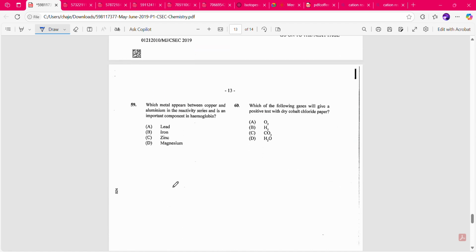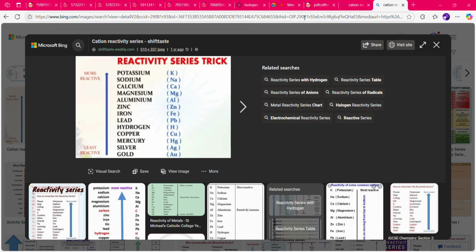59, which metal appears between copper and aluminum in the reactivity series and is an important component of hemoglobin? I'm going to go with iron. Iron is an important component of hemoglobin. And I think aluminum would actually be higher than copper if I'm not wrong.